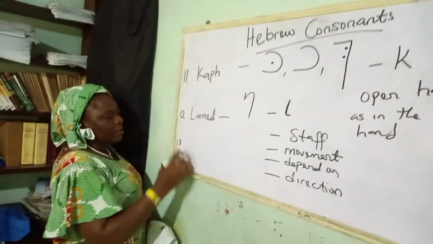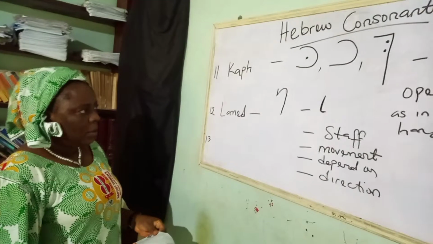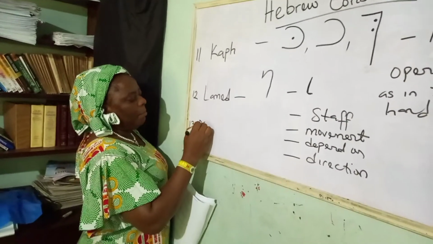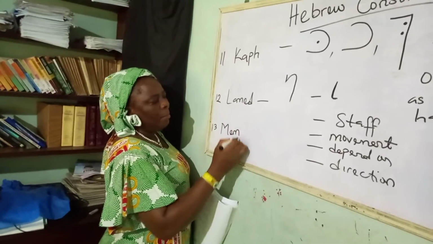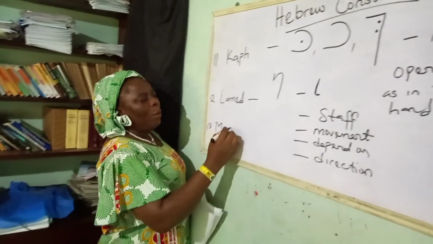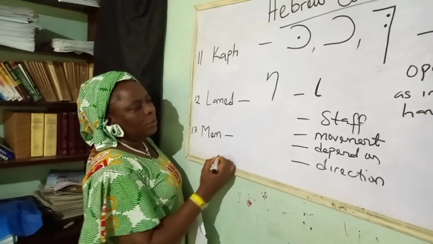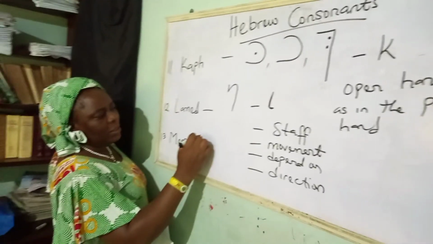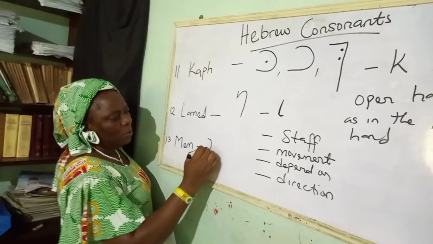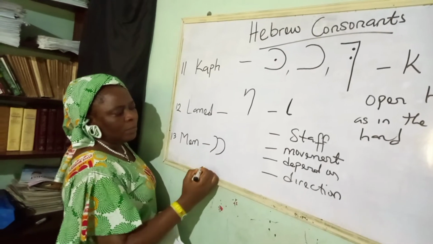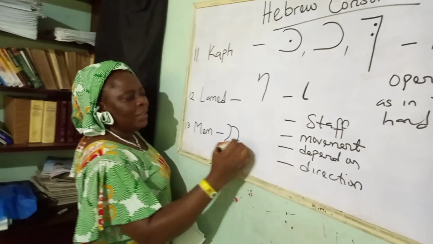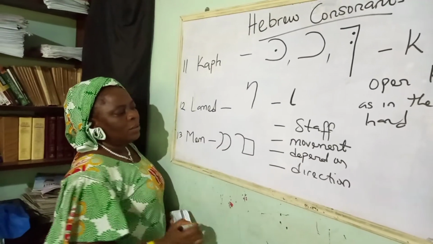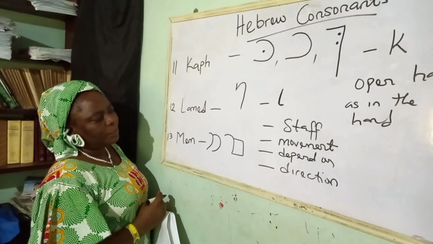The 13th consonant is called Mem. When Mem begins a word or is found in the middle of a word, it's written this way. But when it ends a word, it's written this way.